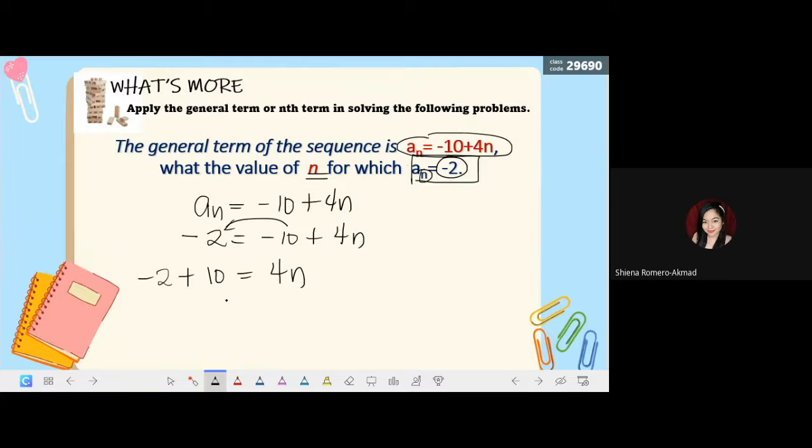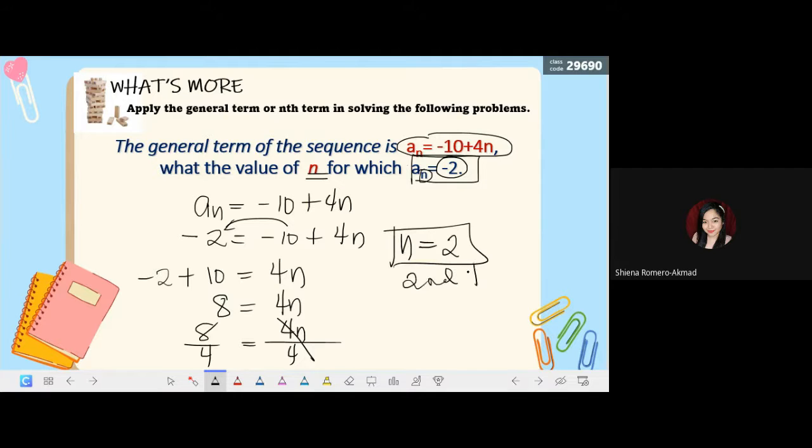And negative 2 plus 10 is 8. We have 8 equals 4n. What we have to do is to divide both sides by 4. Okay? Then n now is 2. Meaning, siya ay nasa second term. Malinaw po ba?